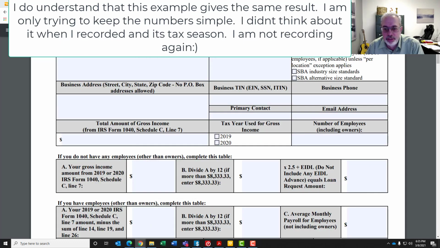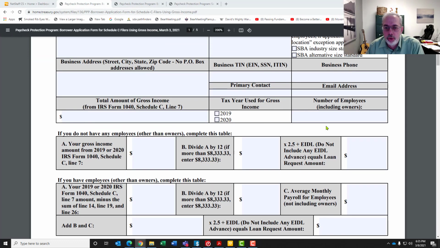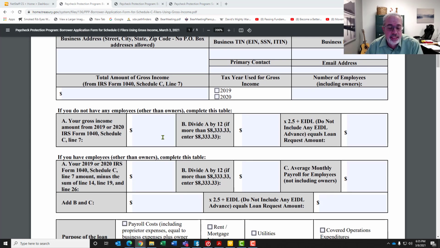Massive difference, obviously. Okay, so then we got to tell them what year we're using, and that matters because they've said that we've got to provide something along with the tax return to back this up, and we'll go over that more in a minute. But we are going to have to provide some things. And then they want to know the number of employees, including owners. Now we get to the calculation. So as I showed you, line 7 is what they were looking for.